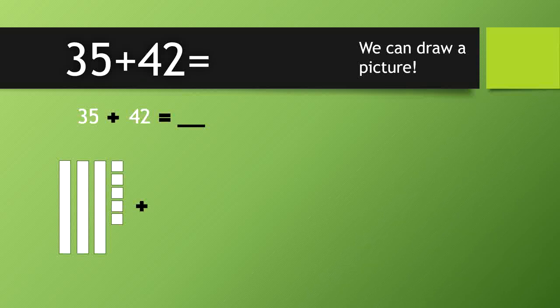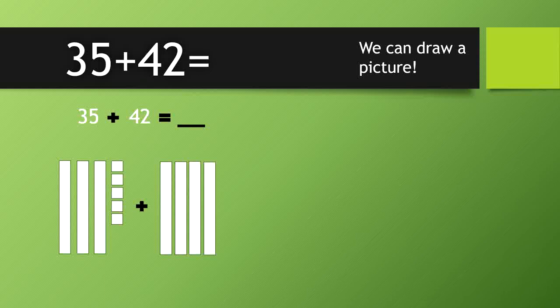How many tens do I need to draw for 42? 1, 2, 3, 4. 4 tens means 40. Great job. How many ones for 42? 2 ones. Great job. 1, 2. 35 plus 42. I've drawn them out.